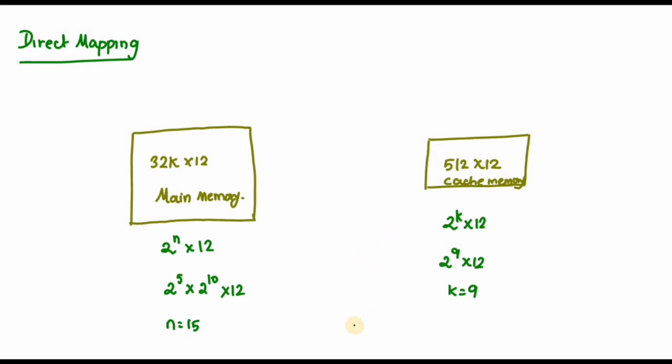So n minus k represents the tag, which is 6.